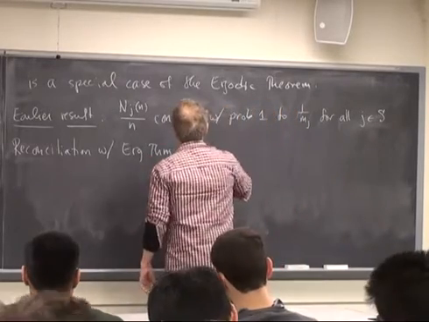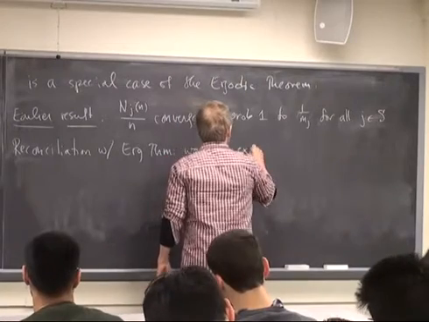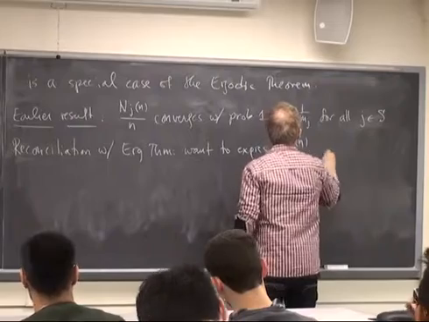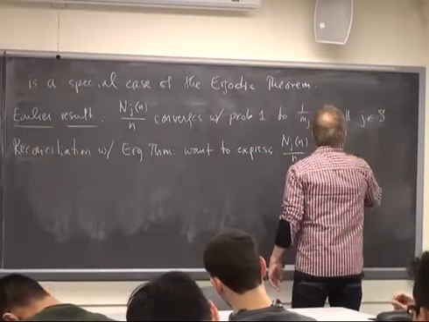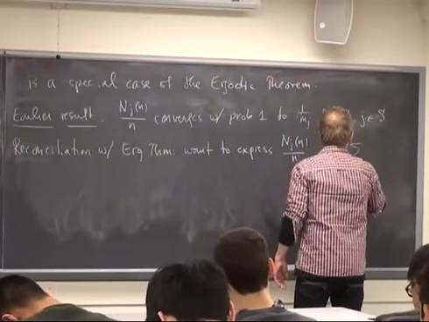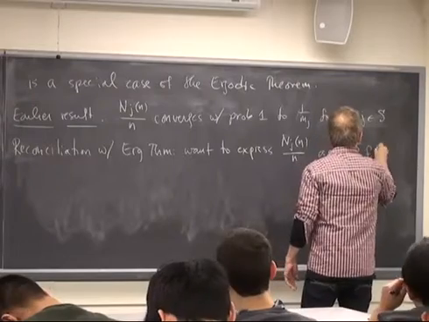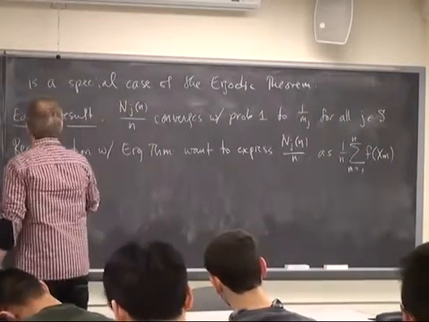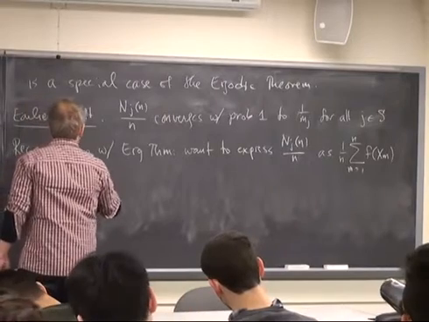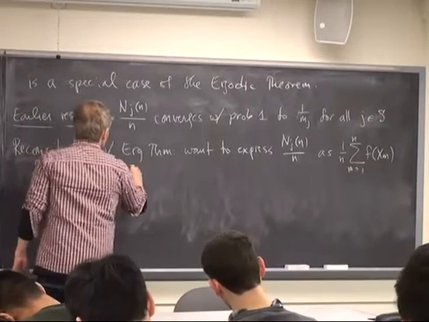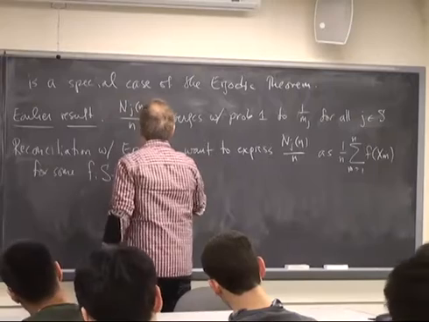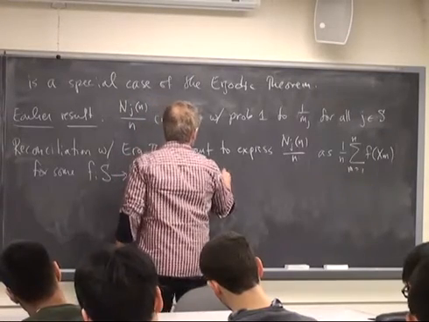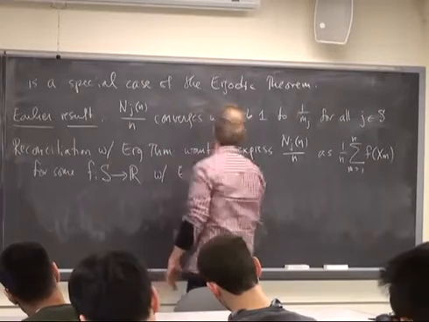So we want to express N_j(n) divided by n as 1 over n times the sum from m equals 1 to n of f of X_m, for some function f from S to the reals with E_pi-star of f less than infinity.